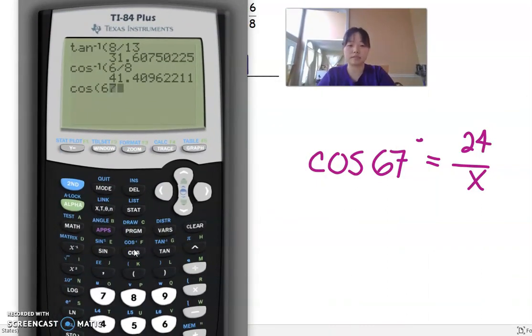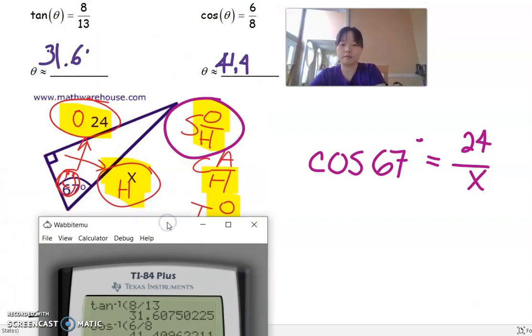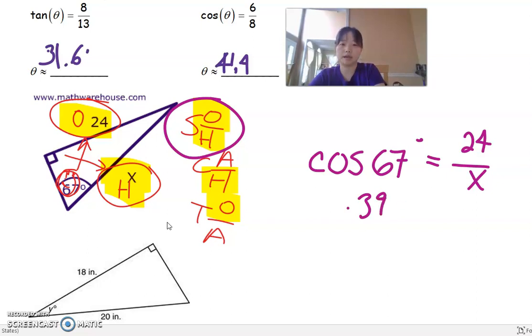Use a calculator. Sine of 67 is 0.39. So 0.39 equals 24 over x.